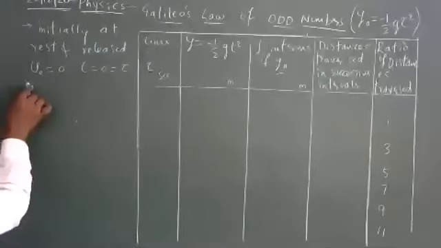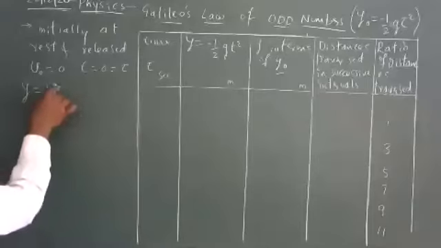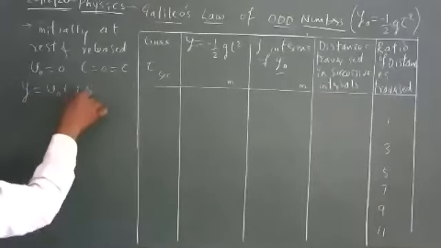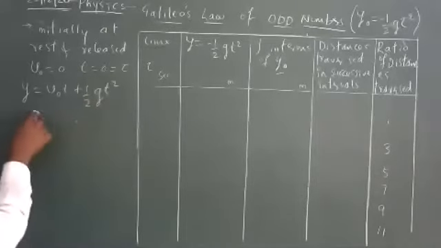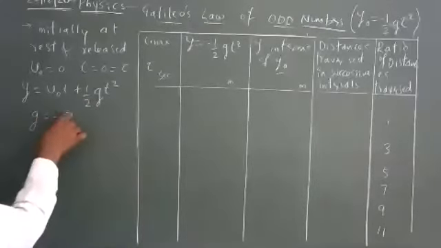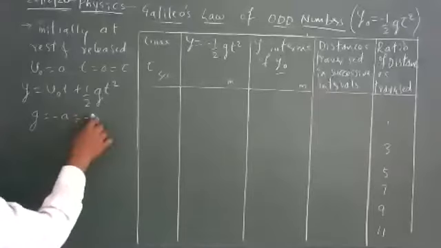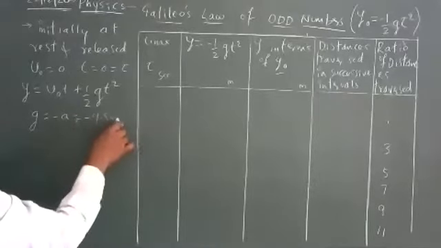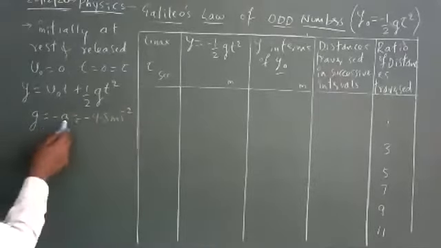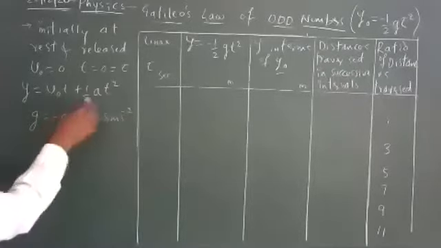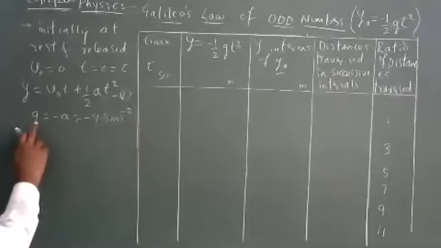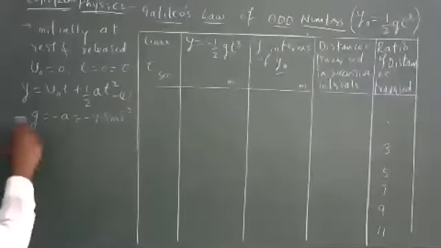Now, what happens to y? Y is a displacement. Y equal to v0t plus half a t square. And this a here is taken as minus g, which is minus 9.8 meter per second square. So when I replace this, this equation simplifies to a equal to minus g. So it becomes minus g.